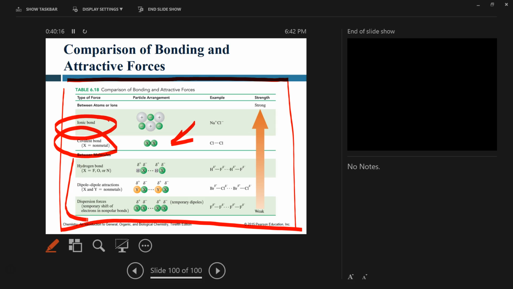Hydrogen bonds, dipole-dipole interactions, and dispersion forces are not chemical bonds. We can call them physical bonds that are formed either via electrostatic interactions between two dipoles, okay, hydrogen bonds being the strongest, or temporary interactions between temporary dipoles in case of dispersion forces. Those are weakest. We're good?